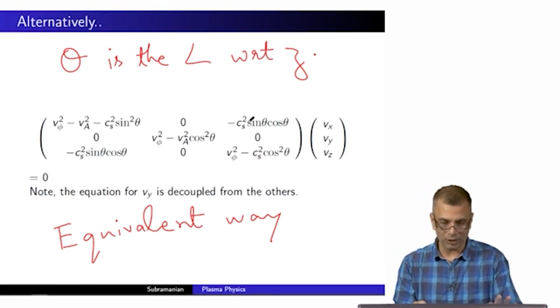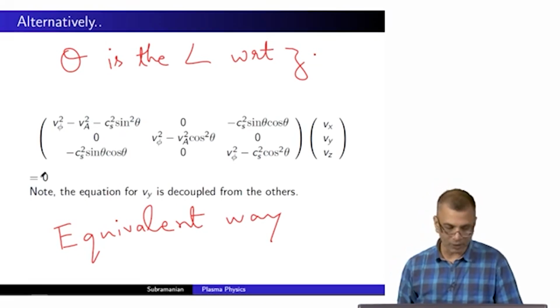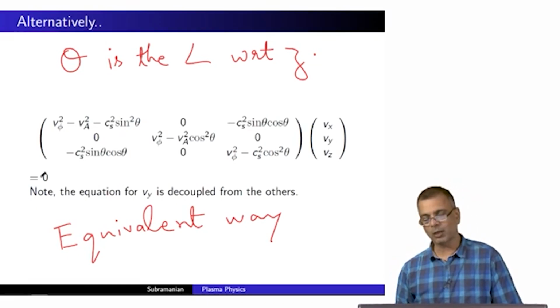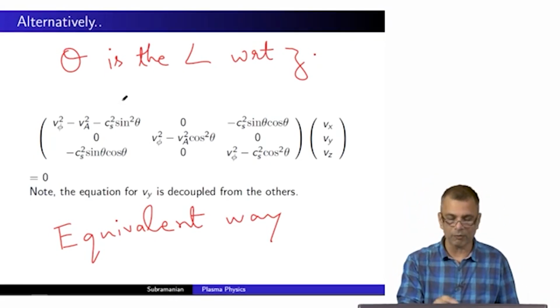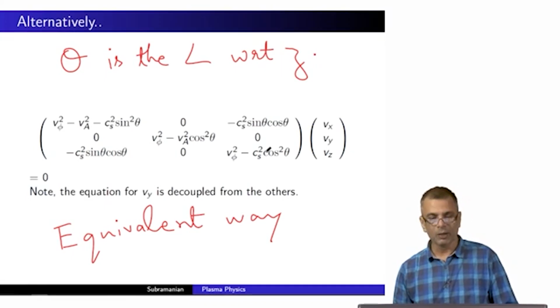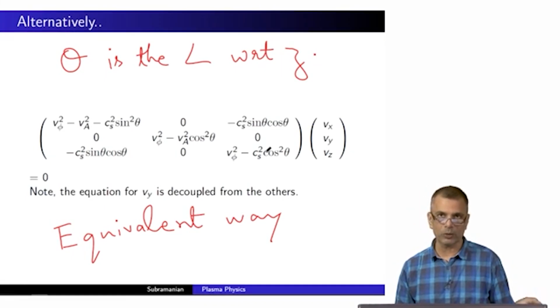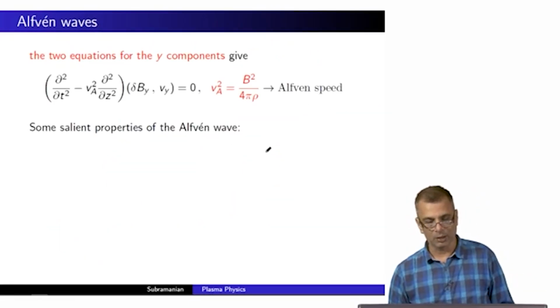So you have this matrix multiplying the velocity vector, and that's equal to 0. In order for a non-trivial solution to exist, the determinant of this matrix needs to be 0. So it's an equivalent way of representing it. I just wanted to show it to you, but we will not concern ourselves with this way of representing it anymore.